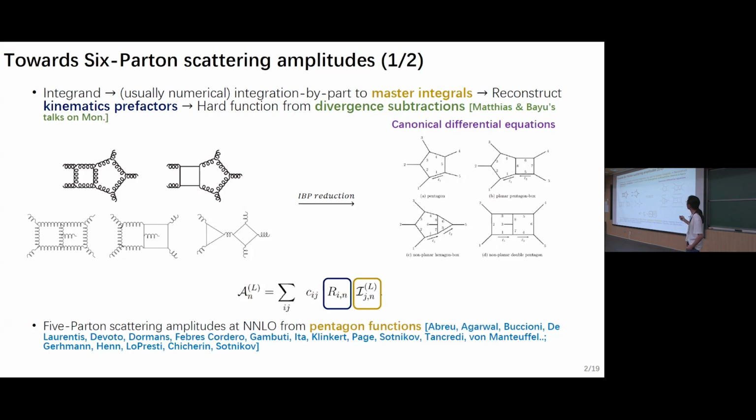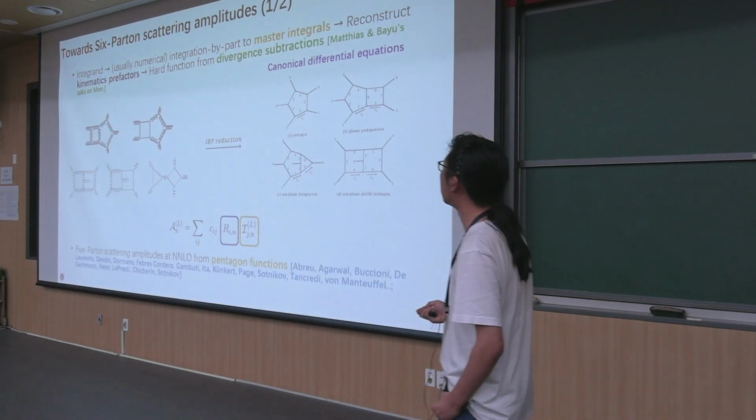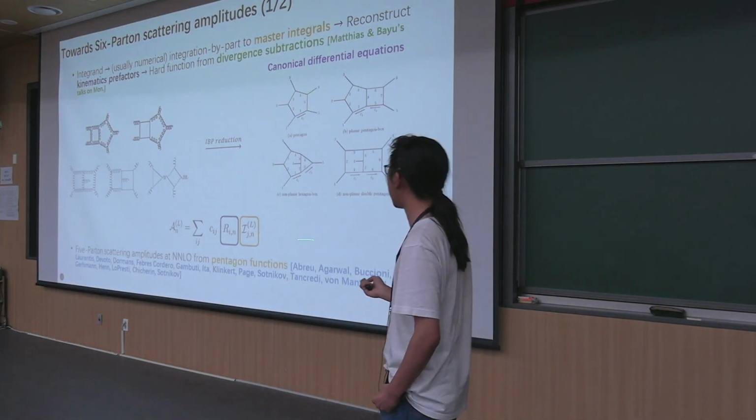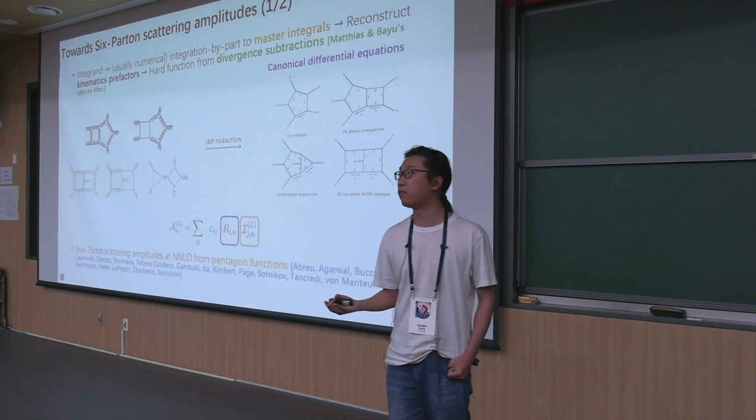There is one more step, called the reconstruction of all the prefactors from numerical results to analytical results. After this, your amplitude is expressed as number prefactors times kinematic prefactors times the master integrals, which are known from the CDEs. It is divergent, so you subtract the divergence by some scheme, and finally you get a finite hard function.